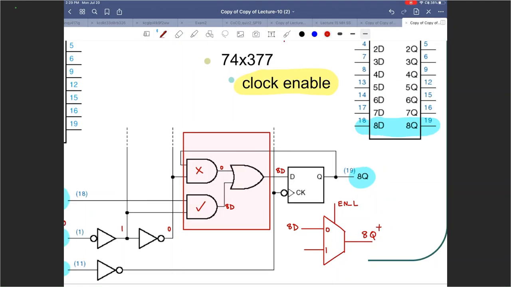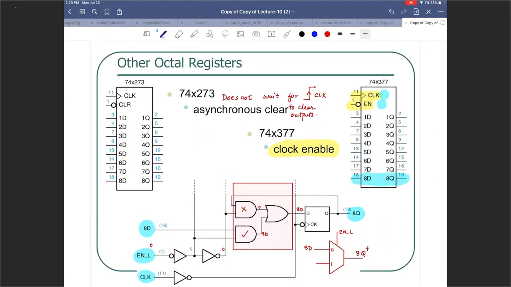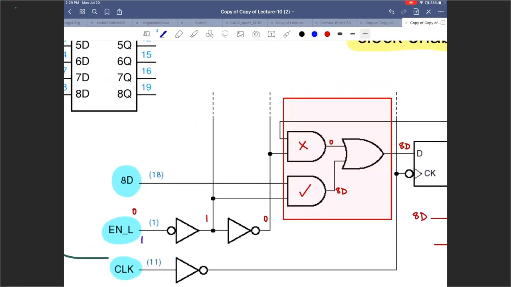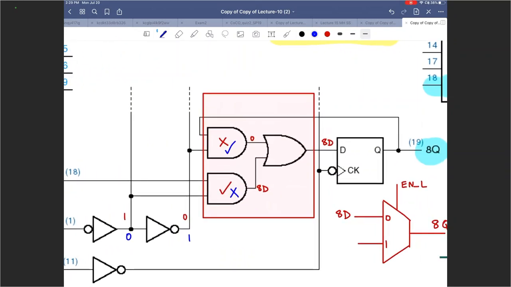However, in blue, let's do the other one. When enable is 1, you get a 0 there. The moment you get a 0 there, this guy is out. This is a 1 there. That means this is in. What is that getting? Well, it is getting the old, or I should say the current state.